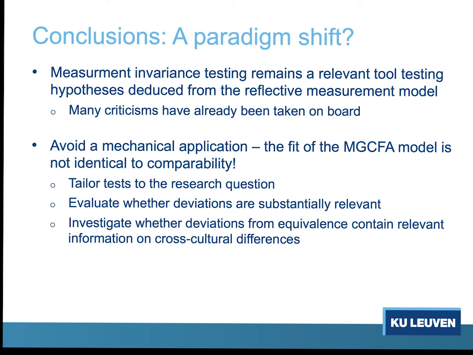No, it's really a very specific test that starts from a specific measurement theory. It's not useful in all cases, and we should really be sure that we do not make too much fuss about tiny differences. I do think if we use these models, they are relevant, but we should never forget that they work from a particular theory of measurement.